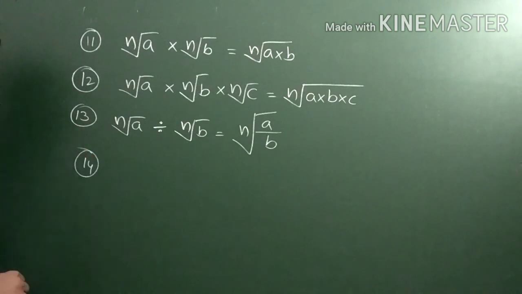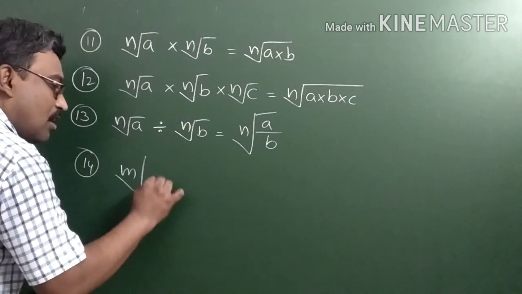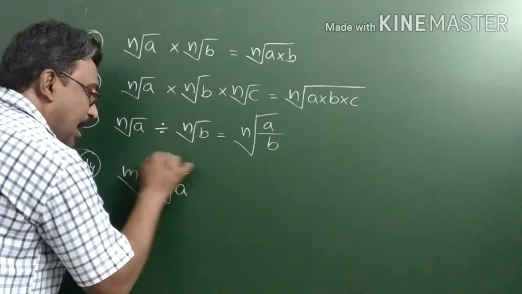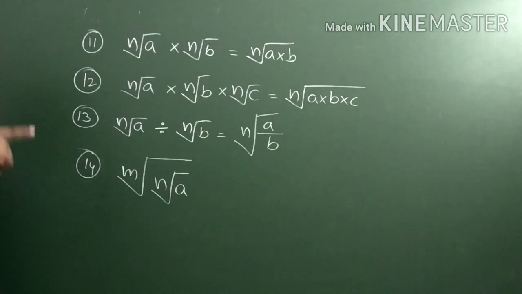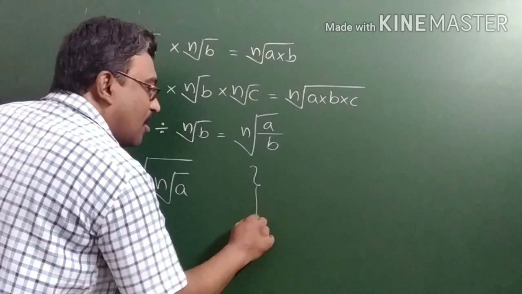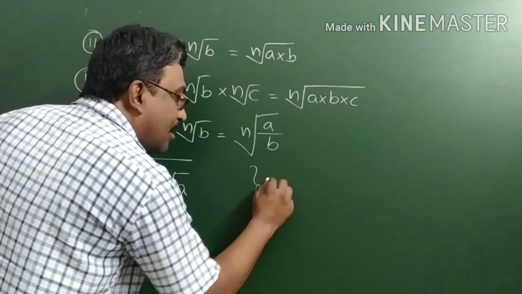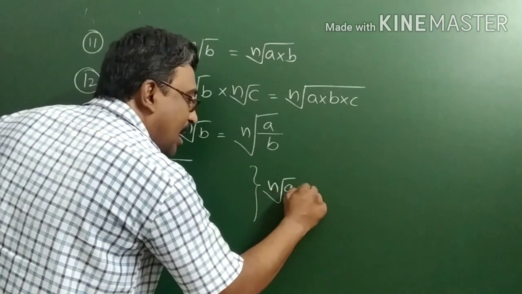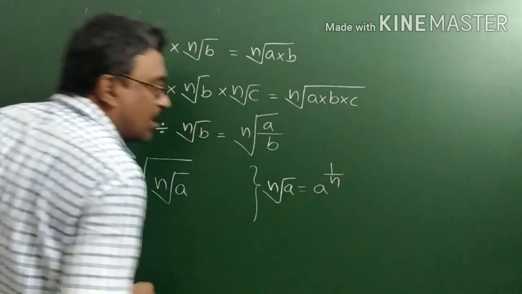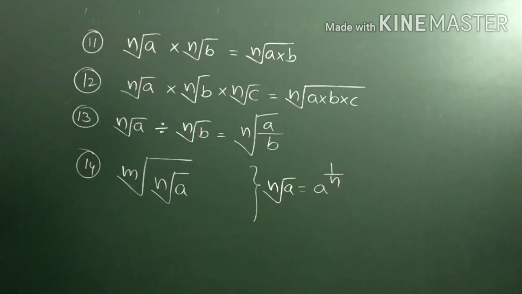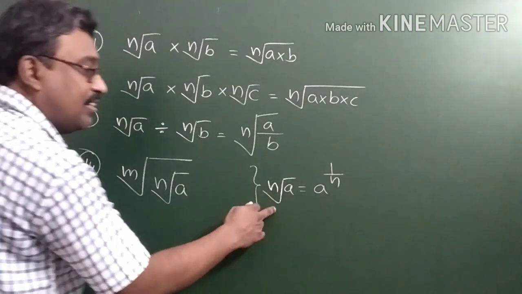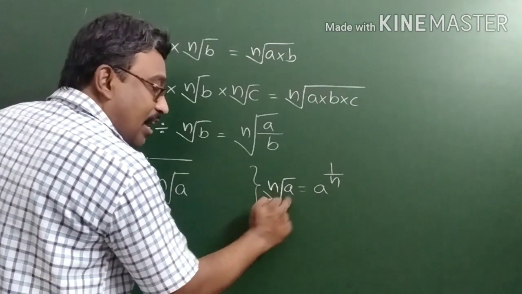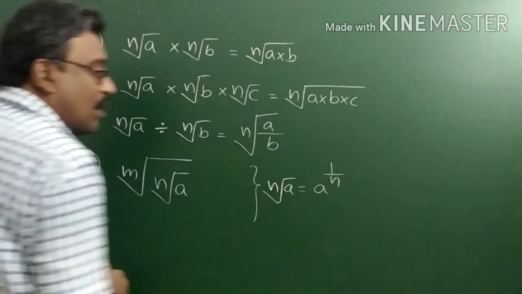Okay, next. Nth root of a, for this the basic formula we already learned, that is nth root of a is a to the power of 1 by n. When comparing which is greater, in ascending order, that time I explained this formula. Nth root of a is equal to a to the power of 1 by n.